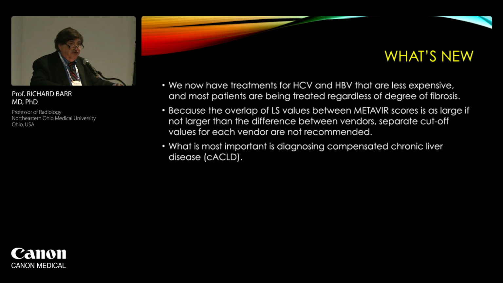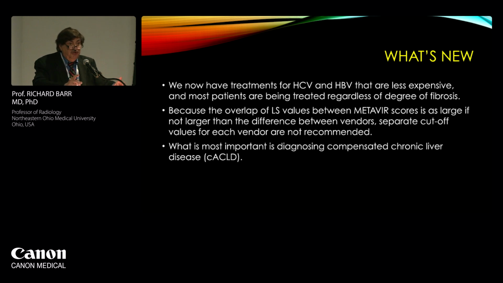Now, another interesting fact, and again, because we don't have a lot of time to go over a lot of things, but one thing that's really important, if you have patients that have hepatitis C and they're treated, you should do a liver stiffness value before treatment, because if they have compensated advanced chronic liver disease, let's say maybe above 10 kPa, they are at risk for development of hepatocellular carcinoma, varices, and all the other complications, even if the drug works very well.